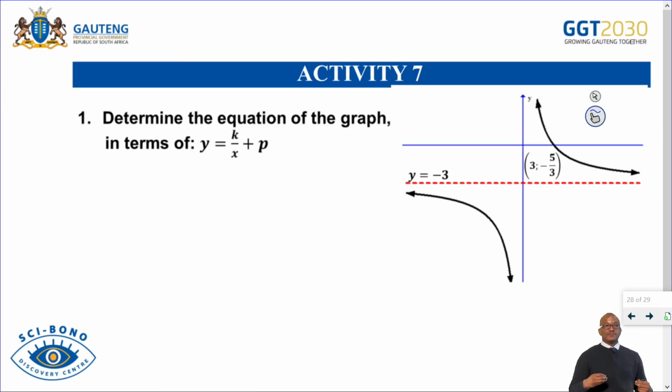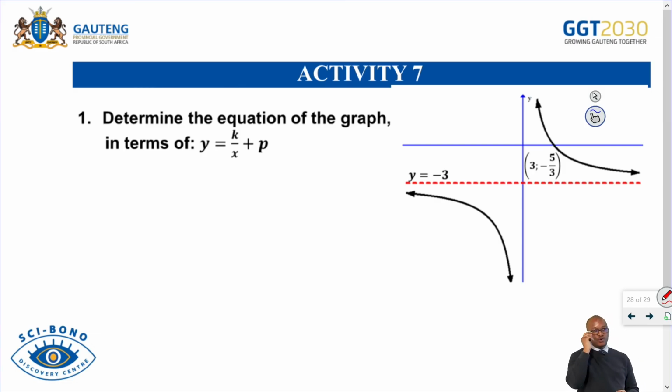So now, in this instance, we have to determine the equation of the graph in terms of y is equal to k over x plus p. I told you that these values here, they can change them. Don't get used to a and q. They can play around those variables.